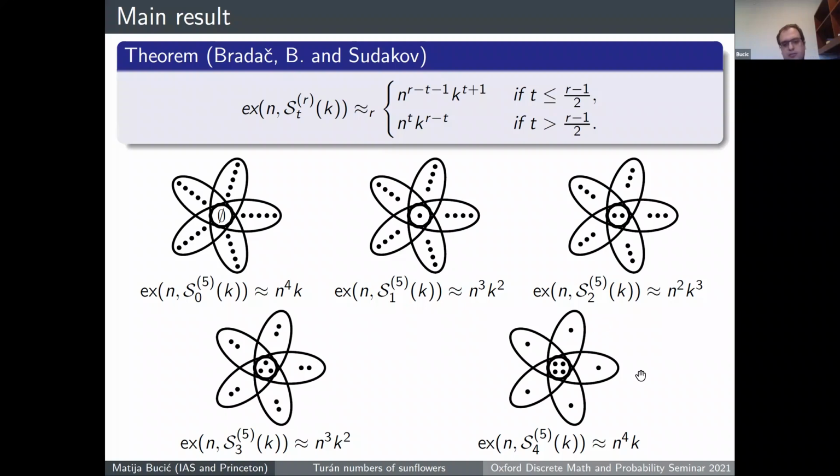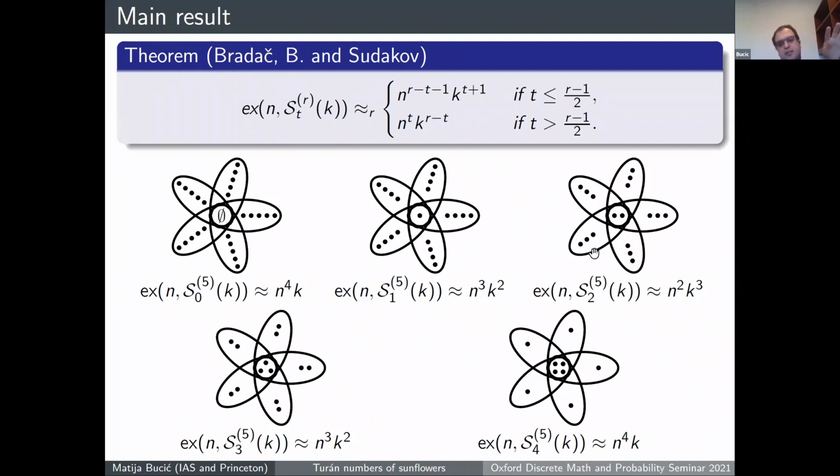Overall, the same thing happens in general uniformity. You start at n to the r minus 1 times k, and then as you keep adding vertices to the kernel, you keep replacing a factor of n with a factor of k, all the way until you hit this so-called balance case, in which the size of the kernel is about the same as the size of the petal. This would be the case when both regimes are actually true.